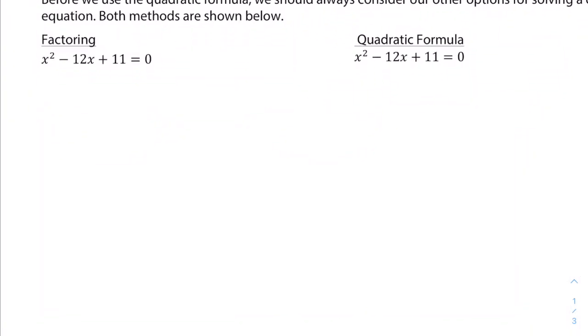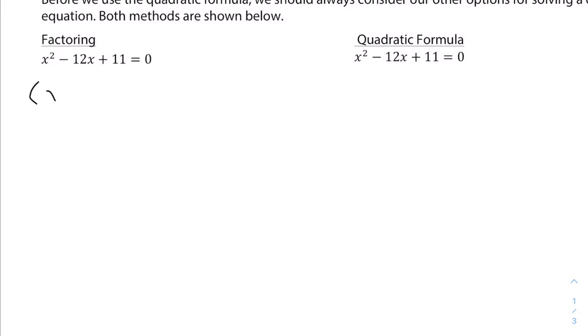So if we look at this problem here, x squared minus 12x plus 11 equals 0. We're going to do it by factoring and by the quadratic formula, and you can just watch. I'm going to use way less ink on the left-hand side than I am on the right-hand side. So if I look at this, I can say, wait a minute, 11 and -12. I know that 11 times 1 is 11, and 11 plus 1 is 12.